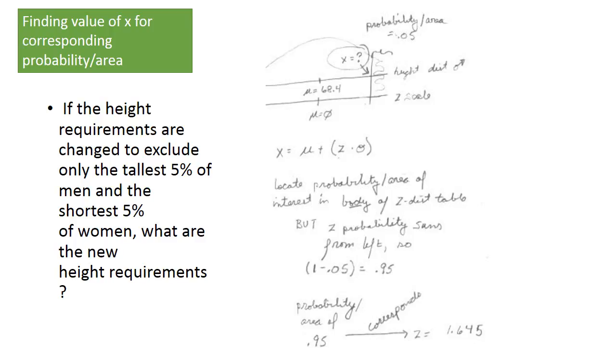So for the men, we're going to be taking 1 minus 0.05, which gives us the probability area all to the left, 0.95. If you locate 0.95 in the body of your z distribution table, you're going to find it has a corresponding z-score of 1.645.